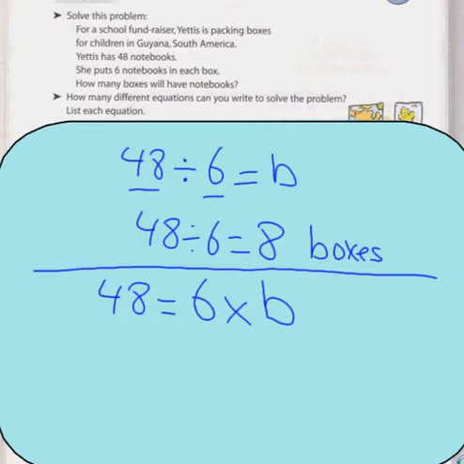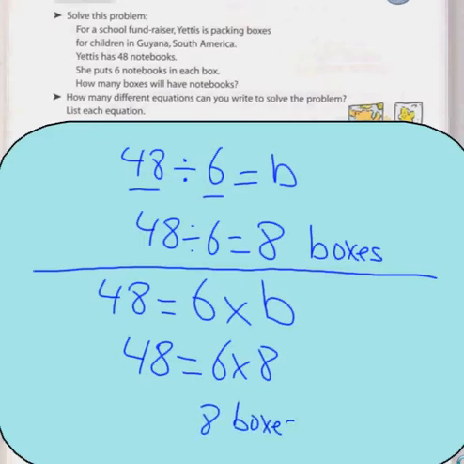So you just have to ask yourself, what is 6 times something equals 48? And we already know it's 8, right? So 48 is equal to 6 times 8, and that means 8 boxes.